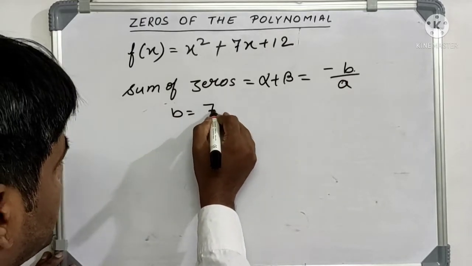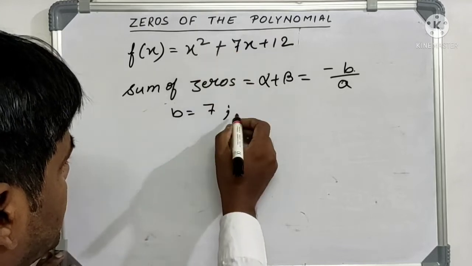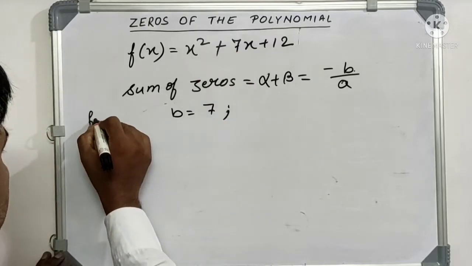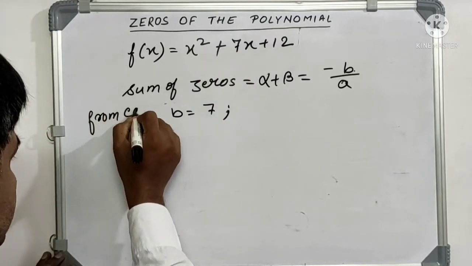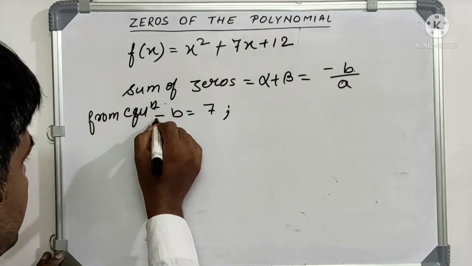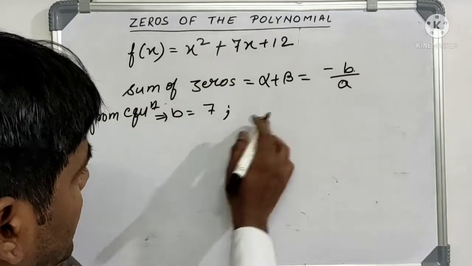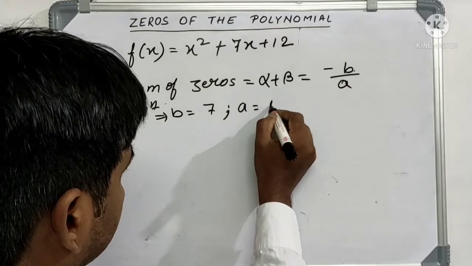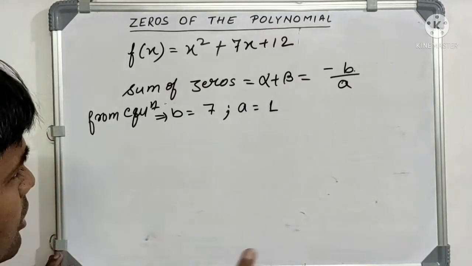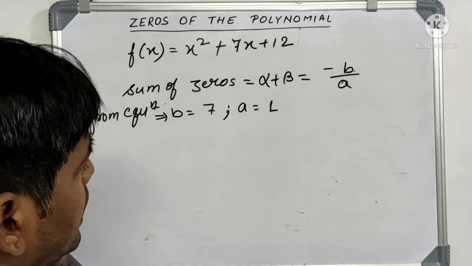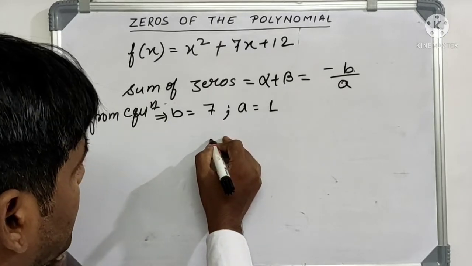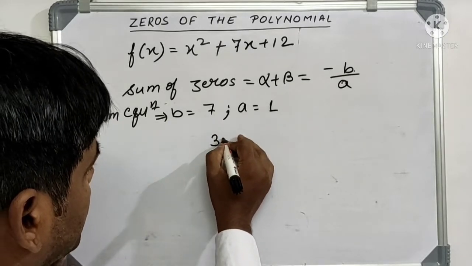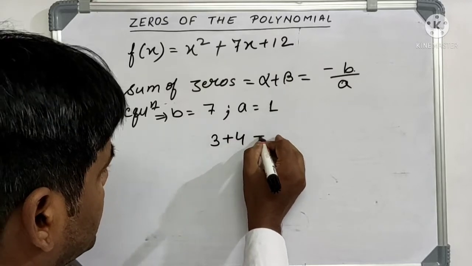B has a value equal to 7 from the equation, so b is equal to 7, and the value for a is equal to 1. Now let us verify it. We know that alpha plus beta, that is 3 plus 4, is equal to 7.